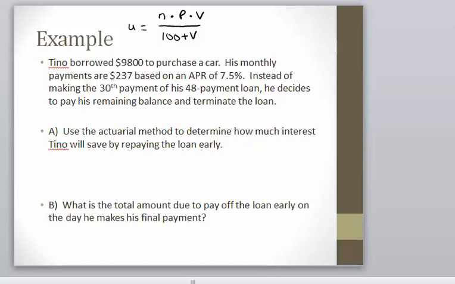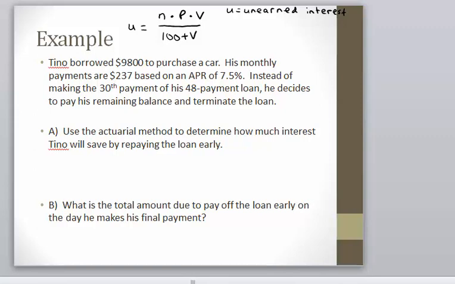So now let's consider what the letters stand for. The U stands for unearned interest. Typically, that is what we're solving for.